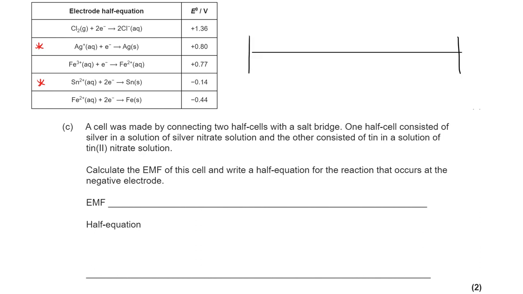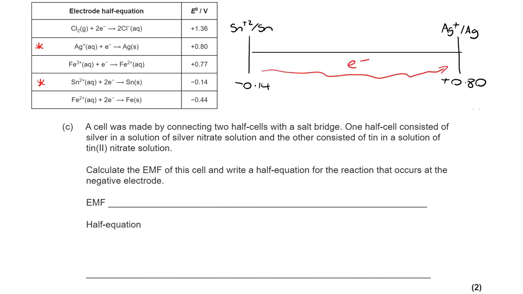I put my 2 things on. I go from most negative to most positive, and I write my half cells on top. Because I've drawn it correctly, because I've got the most negative on the left and the most positive on the right, my electrons will flow from left to right, from the more negative to the more positive.